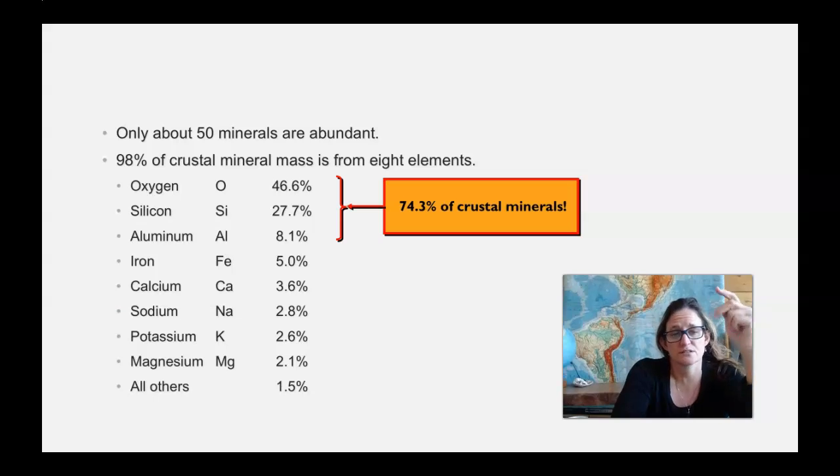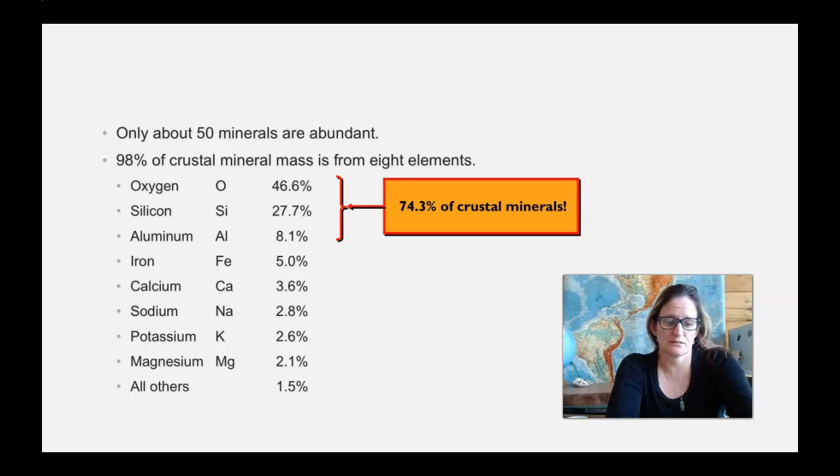So if we take oxygen, silicon, and aluminum and put them together in a mineral, it makes the mineral feldspar. So that is the most common mineral in the Earth's crust, feldspar, and it's a silicate. And so Si and O together make up quartz, and most of those abundant 50 minerals are silicates.